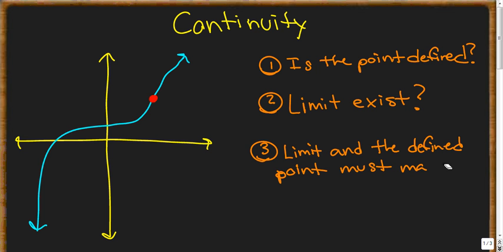So in other words, where the function looks like it's going and what the function is both have to agree. Now, most functions are like that. But let's say, for example, we had, instead of this function here, let's say I did this.